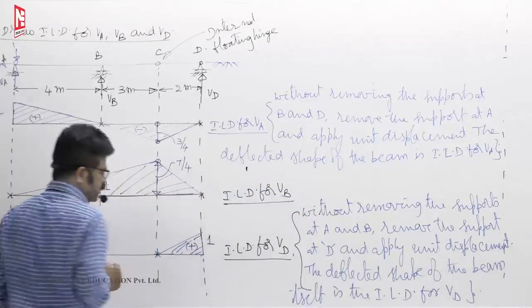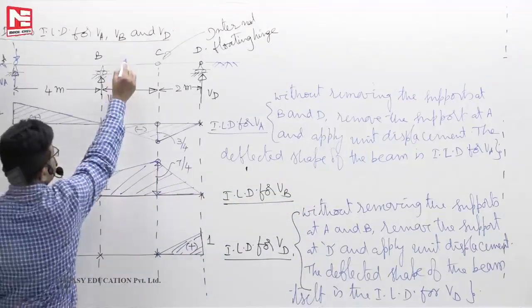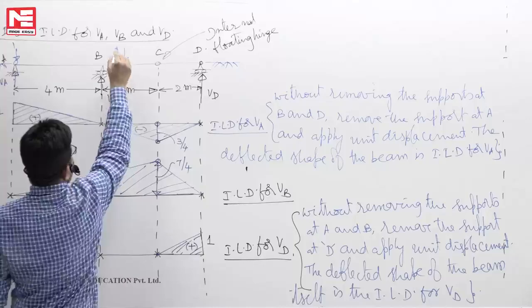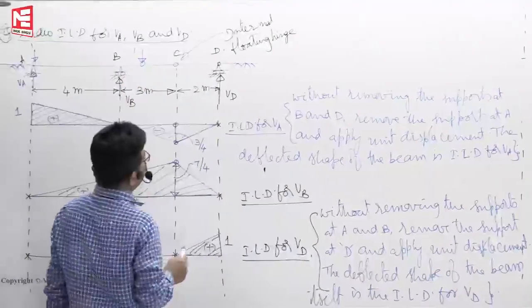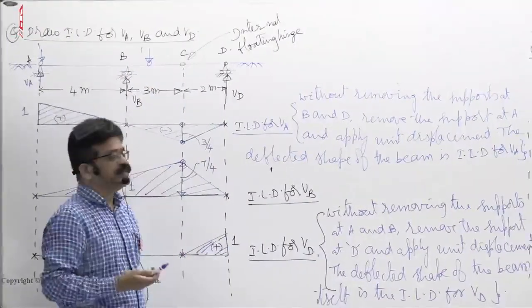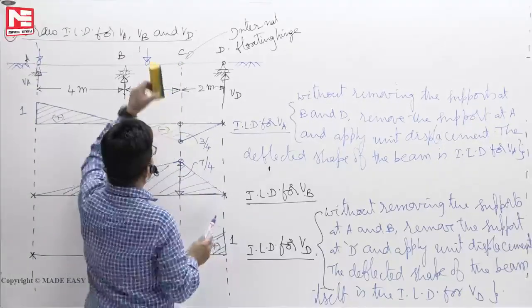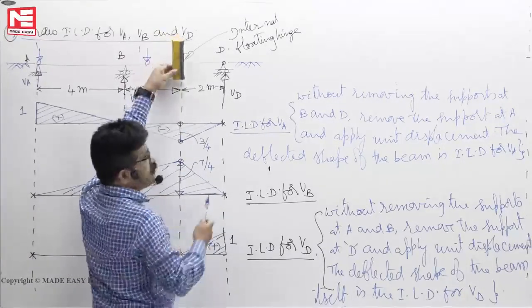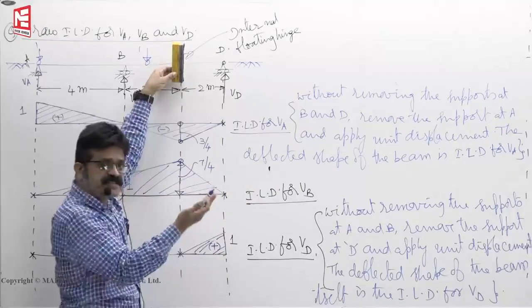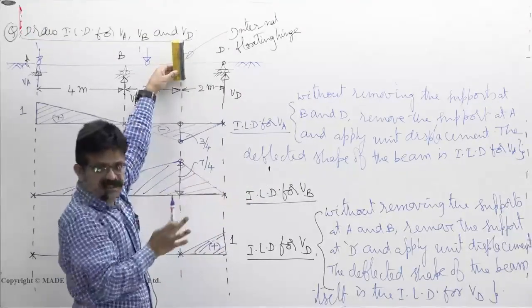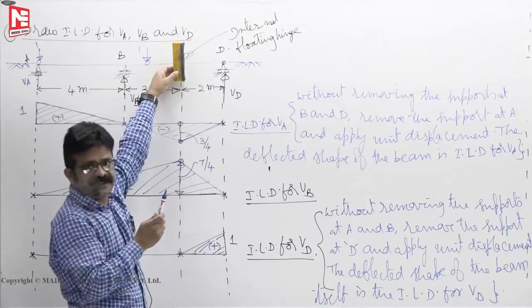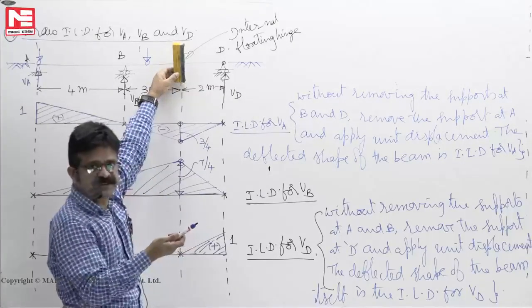You see here why it comes like this. Assume that the load is somewhere here. Load is 1, I want to find VD. Strength of materials, what you have done: if the load is here, say, here floating hinge, bending moment at C is 0. Bending moment at C is 0 means stand at C, look one side. You can see left side or right side, but not both sides. If you see both sides of the section, it is an equilibrium equation.